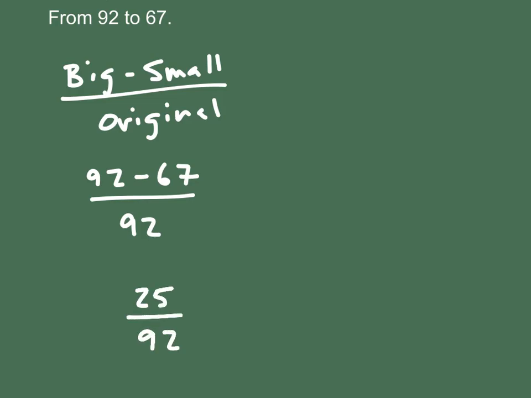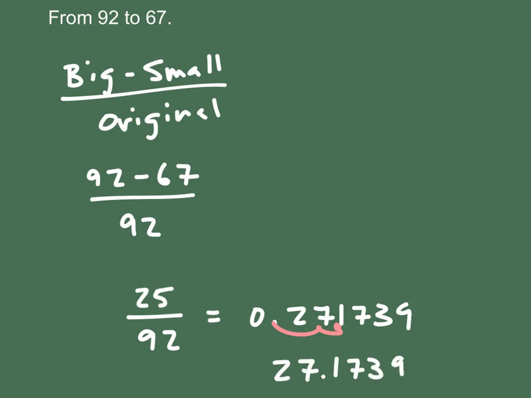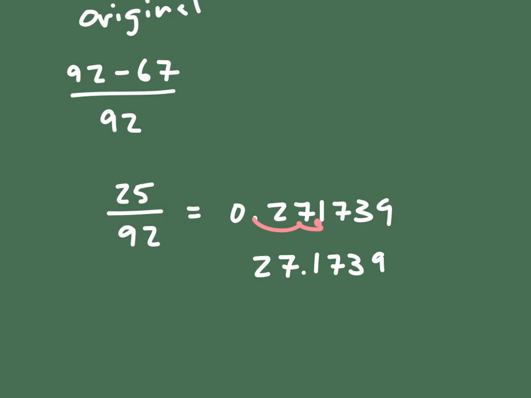Doing that division gives us 0.271739. Let's move our decimal place 2 units to the right, so we get 27.1739, and that's our percentage.